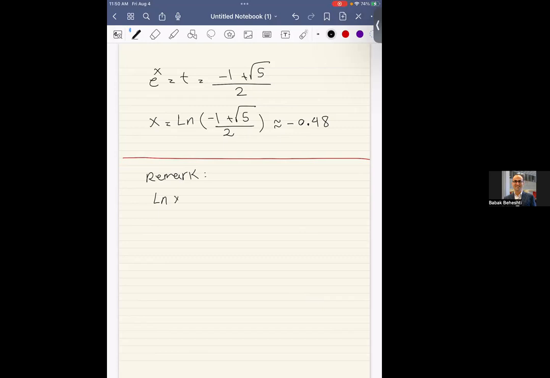So ln of x is positive if x is greater than 1, and ln of x is negative if x is between 0 and 1. And ln of x is 0, of course, if x is equal to 1. And you can see this from the graph of the function ln.